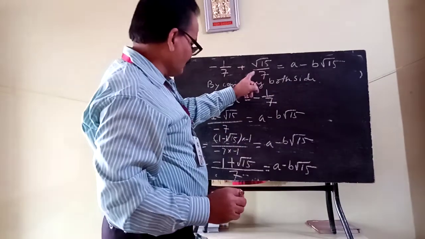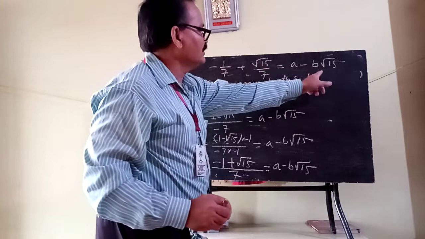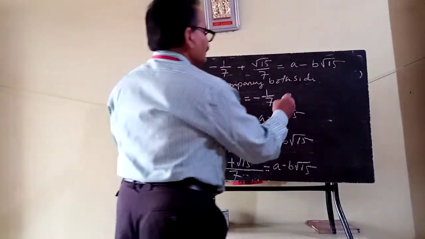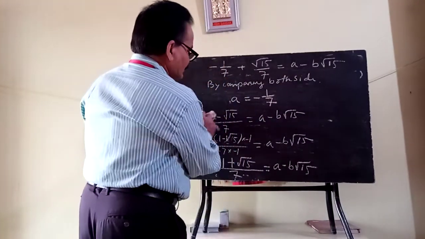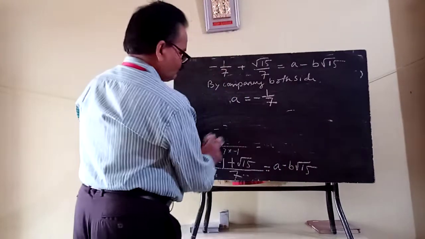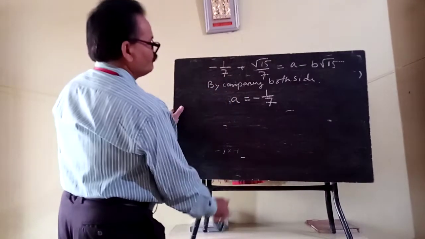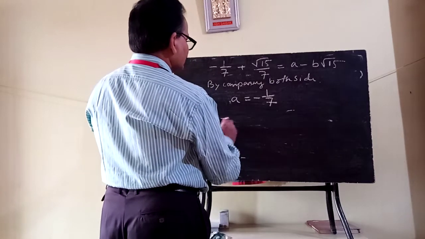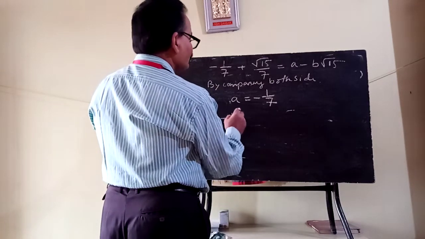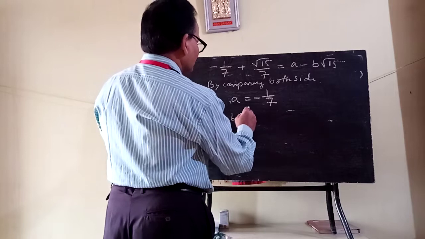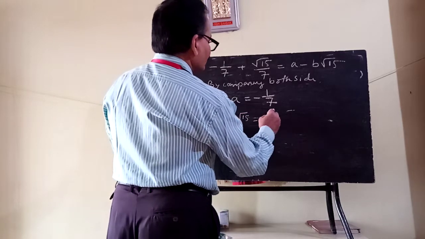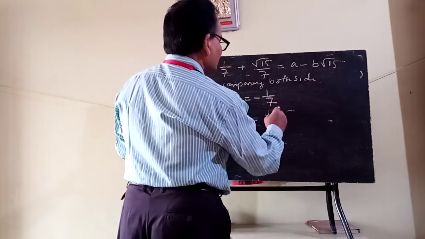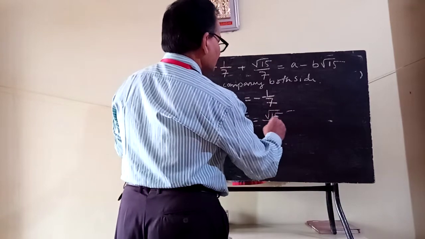And if you compare this value with this, that means your minus b root 15 equals your root 15 by 7.